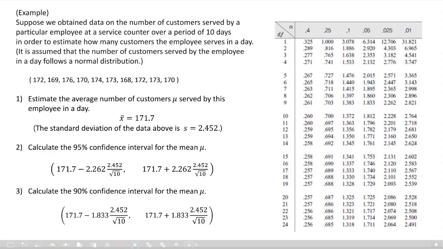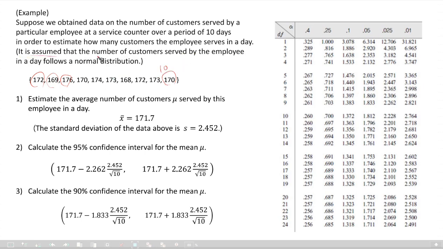Let's take a simple example here. Suppose we obtain data on the number of customers served by a particular employee at a service counter over a period of 10 days. It is assumed that the number of customers served by the employee in a day follows a normal distribution, because the sample size is only 10.